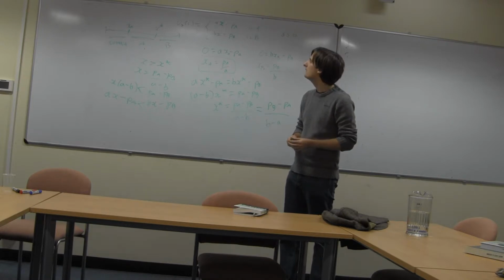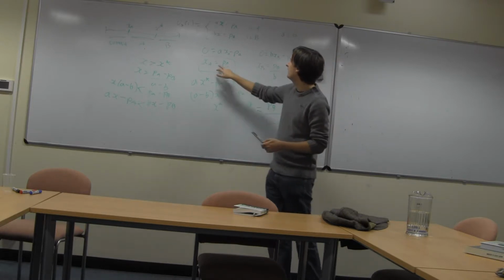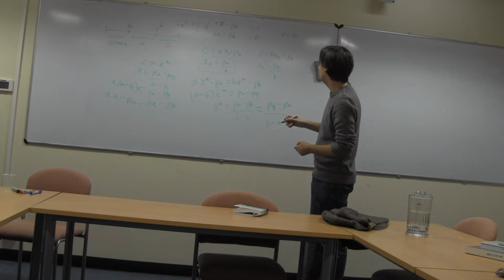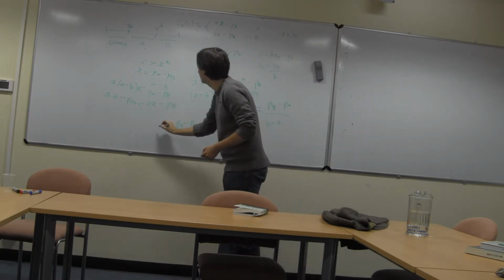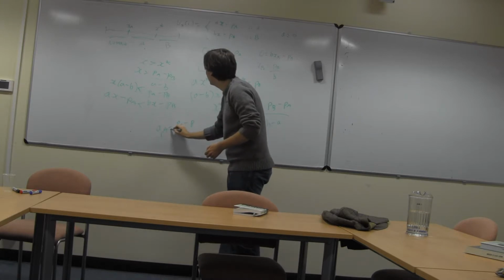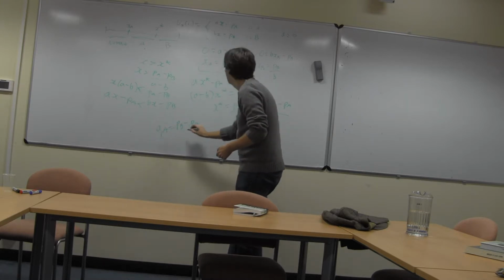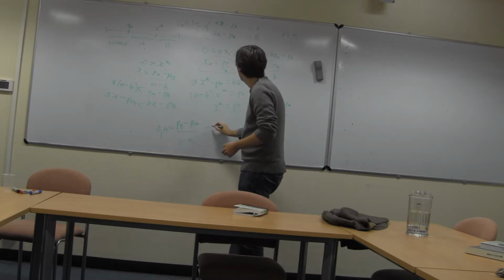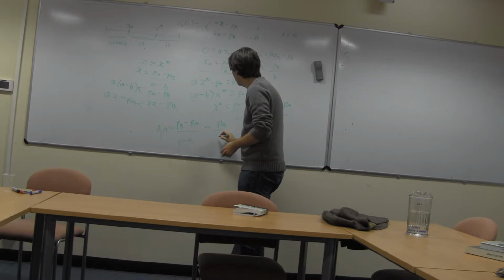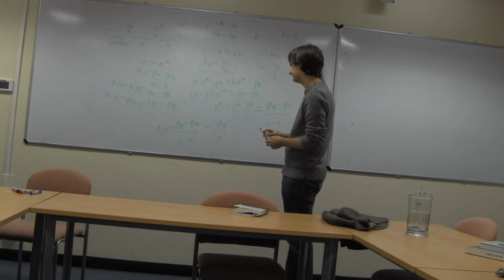X star minus the people that don't buy anything. Yeah, so x star minus this xa thing. So it's going to be PB minus, so let's call it QA. It's going to be (PB minus PA) over (B minus A) minus XA, which is PA over A.